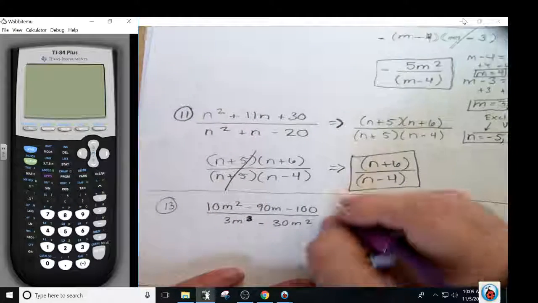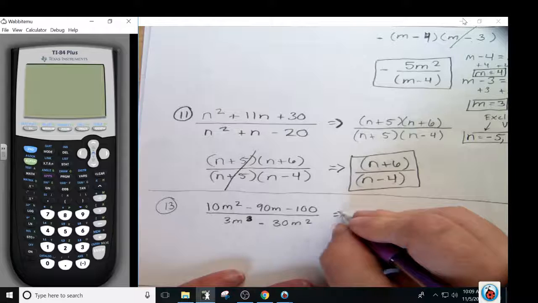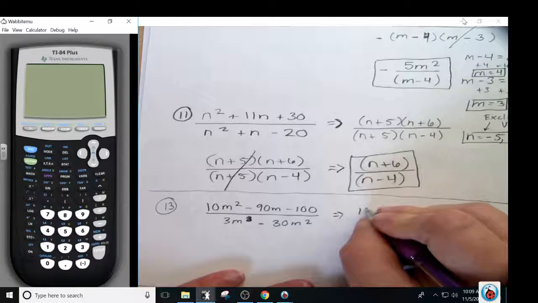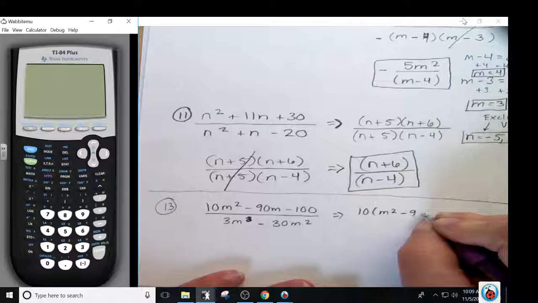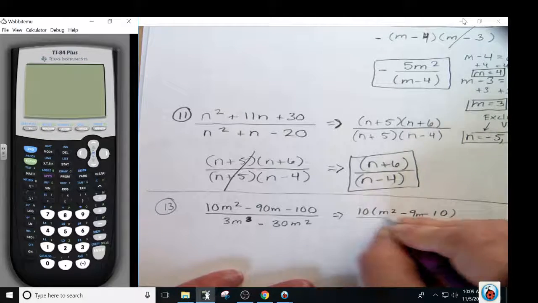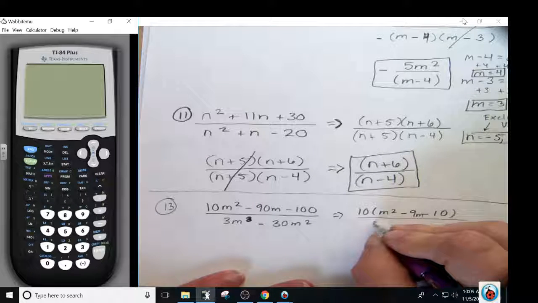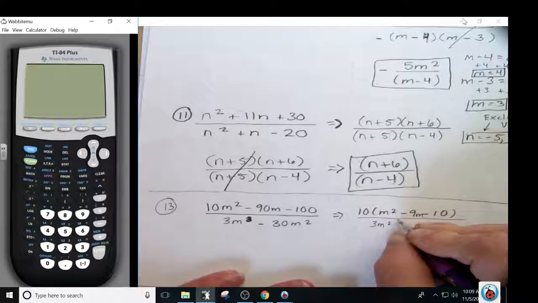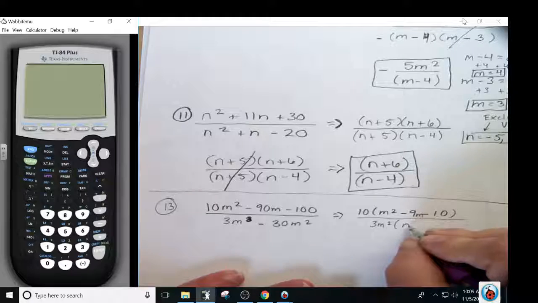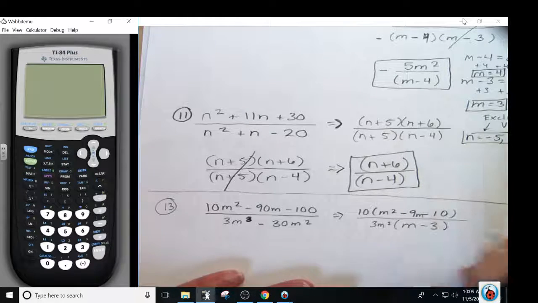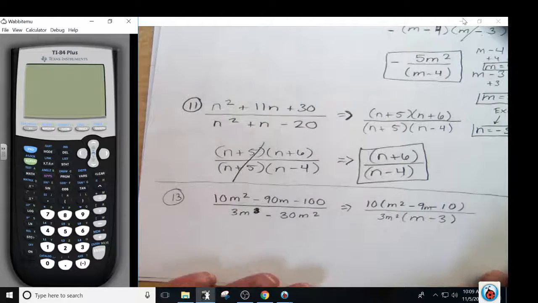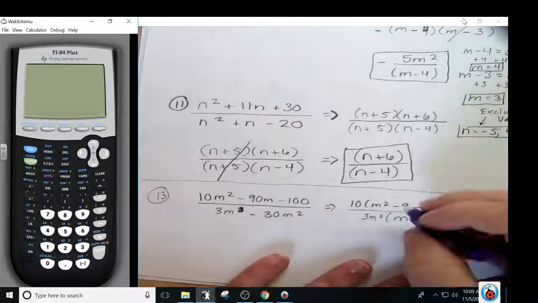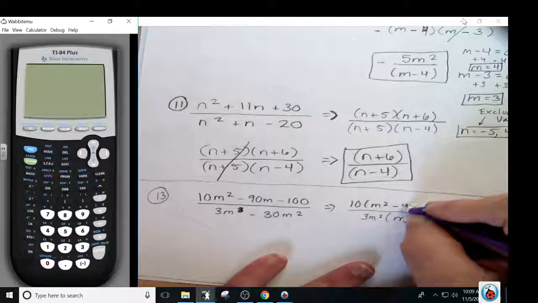So let's factor out a 10 and a 3. So guys, really all we did here was factor out a GCF.